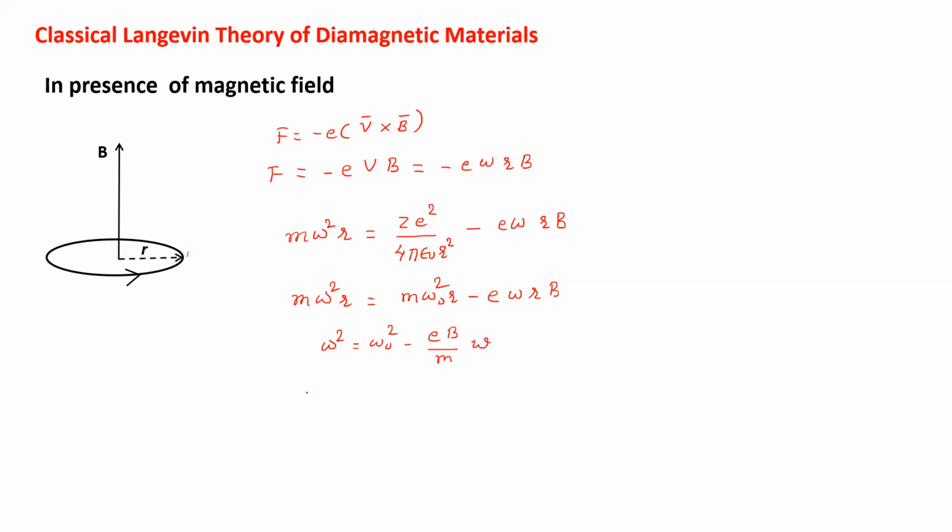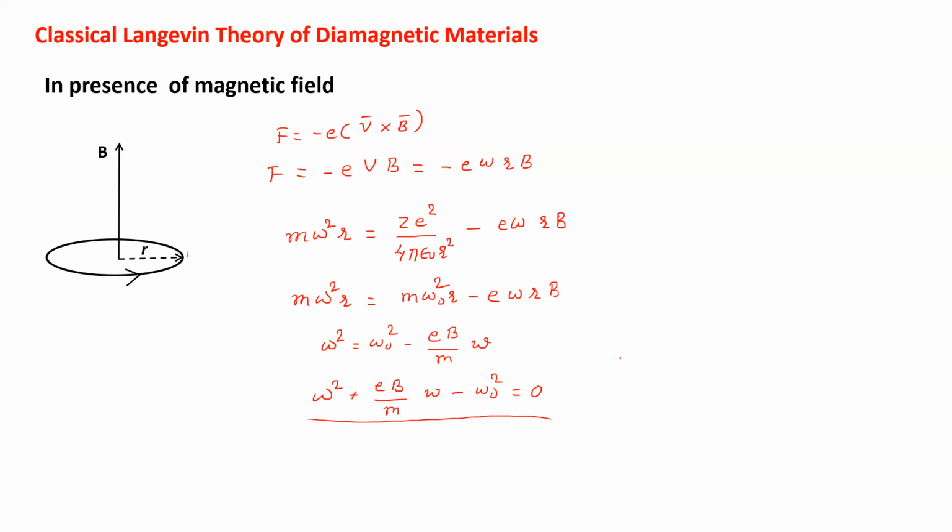Or we can write this equation as omega square plus e B divided by m into omega minus omega 0 square equal to 0. So we get this equation after applying the magnetic field to the orbit.